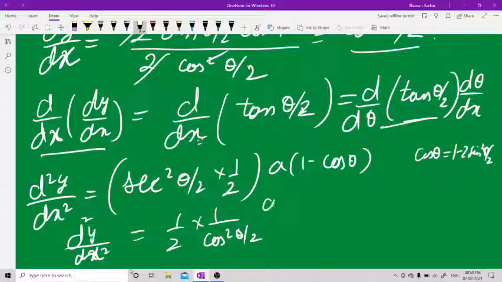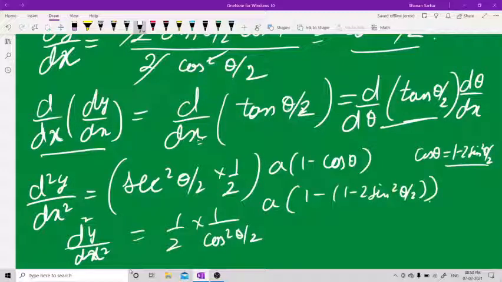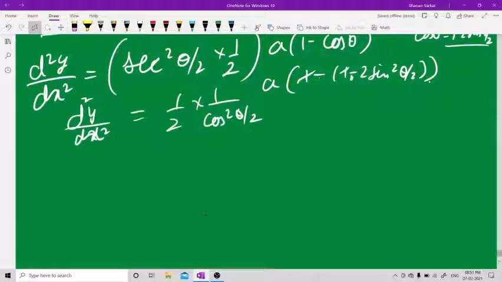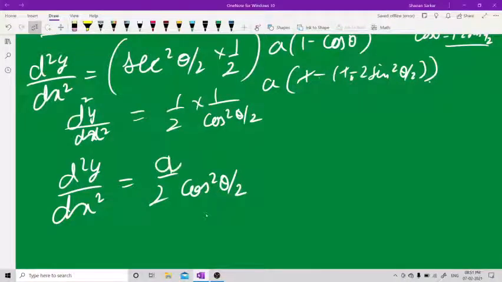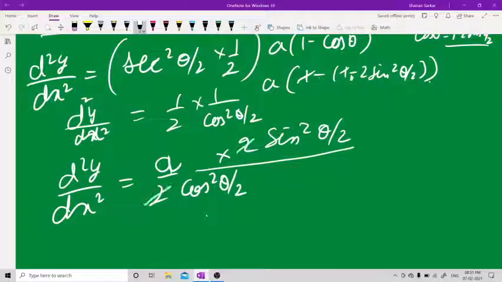And a will come here, with 1 minus cos theta written as 2 sine square theta by 2. Now this 2 will cancel with this 2. Sine square upon cos square is tan square. So 1 by a tan square theta by 2 is your answer.